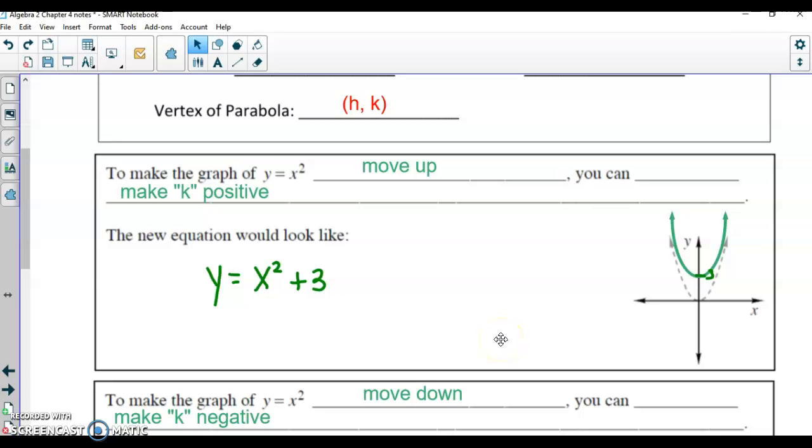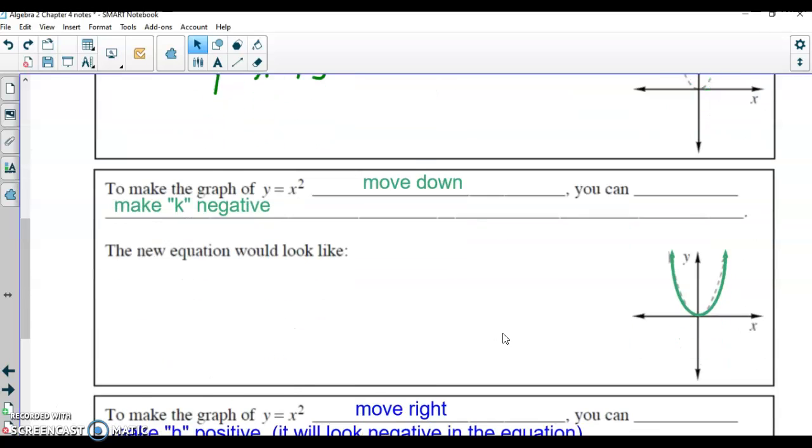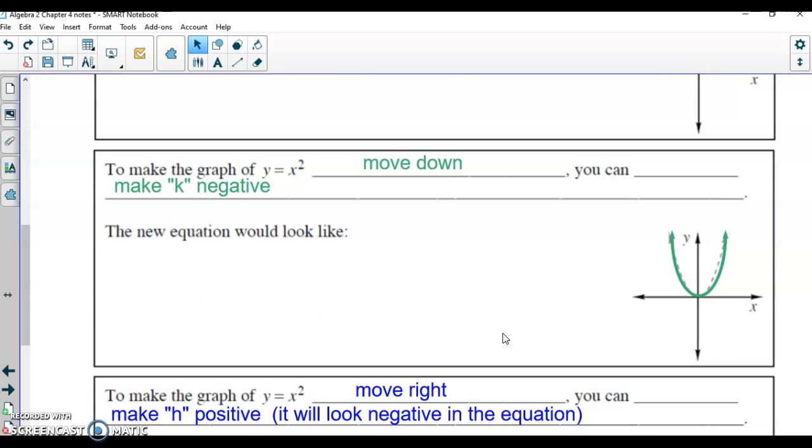If I want to take the graph of y equals x squared and move the vertex down, then I make the k term negative. So I have y equals x squared, and now k is negative, maybe negative 2 on my y-axis.